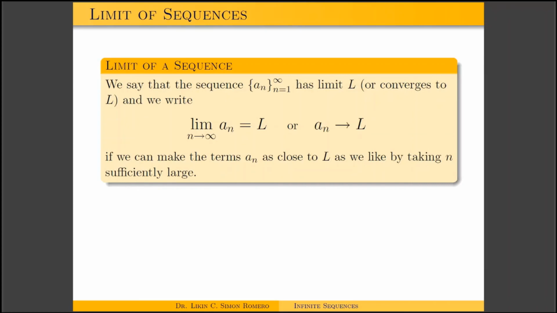It has to be some finite number. And the sequence has a limit of L if we can make the terms a of n as close to L as possible by taking n sufficiently large.